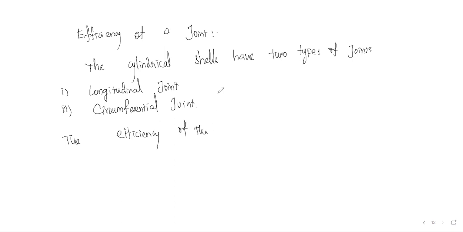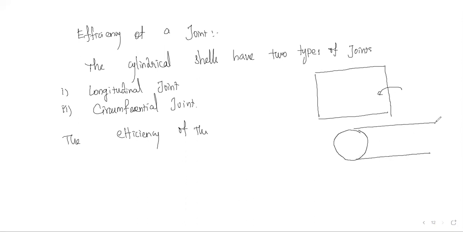Let me explain. This is one plate. If I roll this plate, I can make a section like this, and at one place it has one junction. That is the joint.